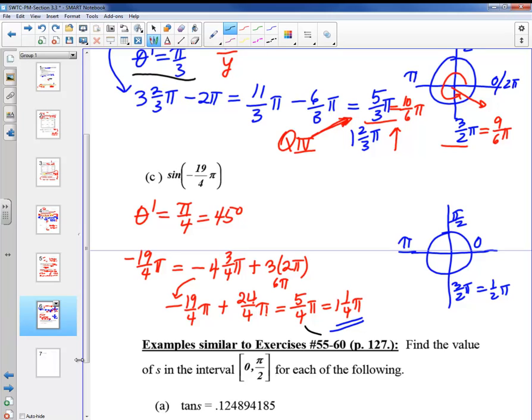So the 5/4, it's okay the way it is right there. But this was 1 1/2. This one needs to be written with a common denominator of 4. So that would be 6/4 pi. And so when you look at those two, this is larger, so the 5/4 has to be in quadrant 3.